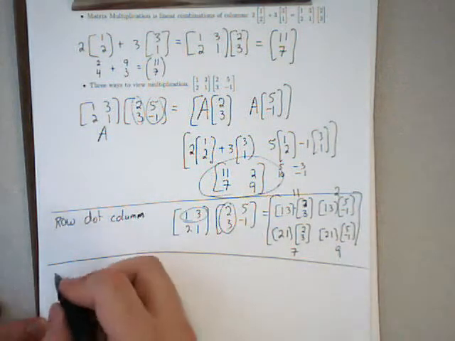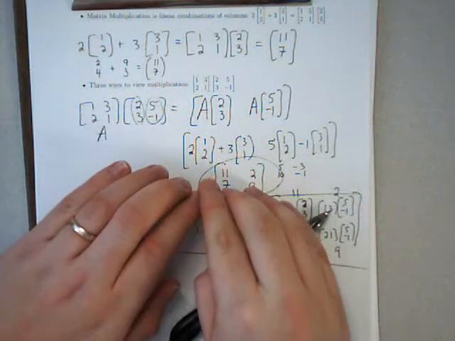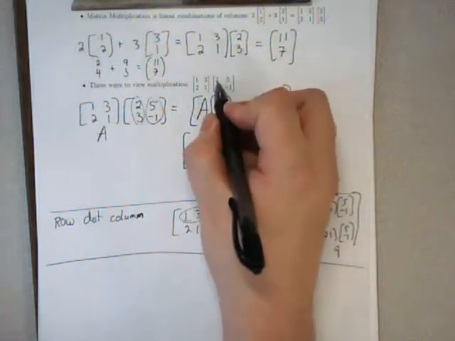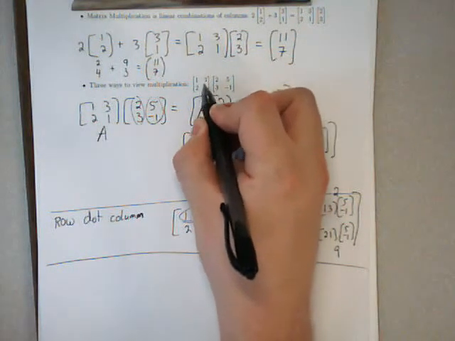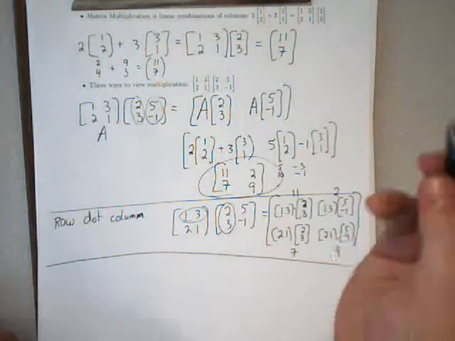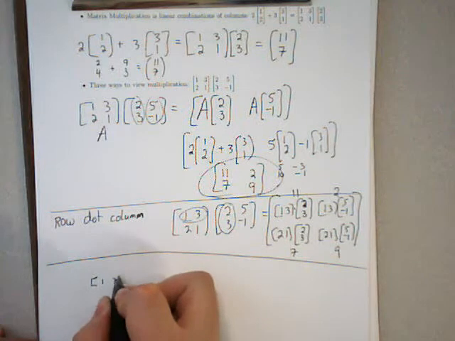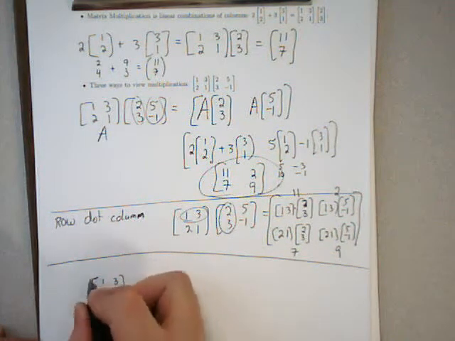Last approach. This one basically takes the first idea, and instead of looking at everything as columns, it says, let's use rows. The idea is I'm going to use linear combinations of rows of the second matrix using the rows of the first to create the linear combinations. Let me show you the idea. I'm going to take the vector 1, 3, 2, 1.